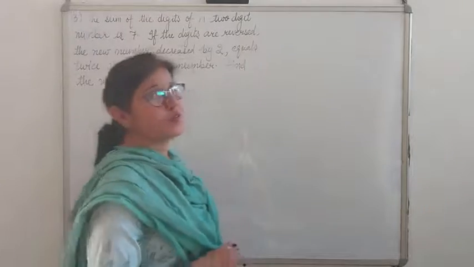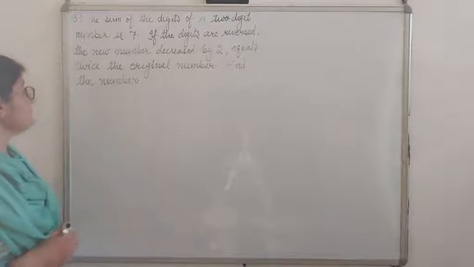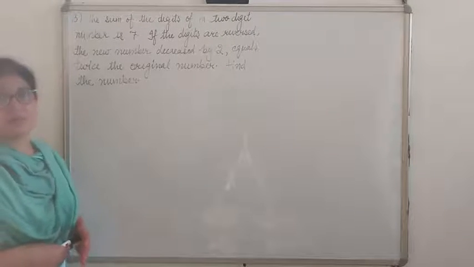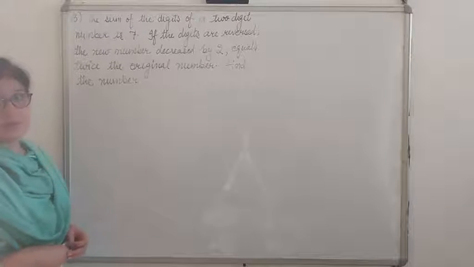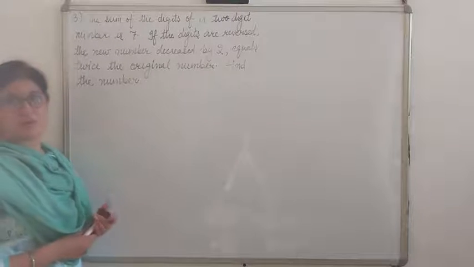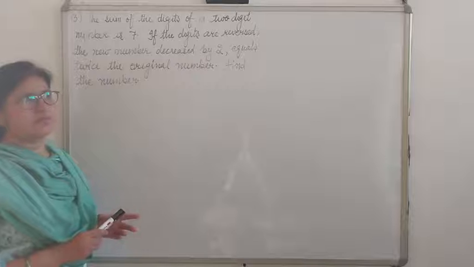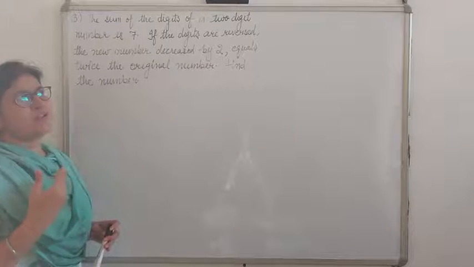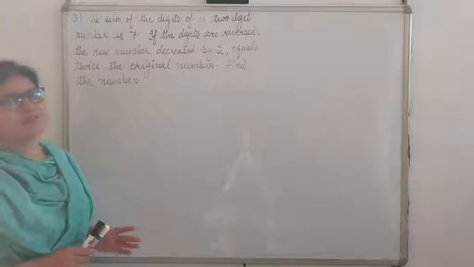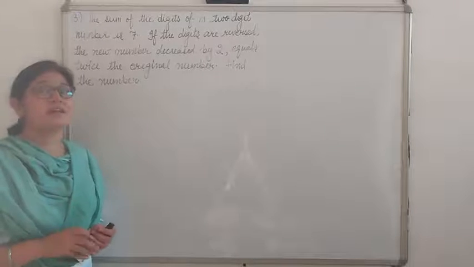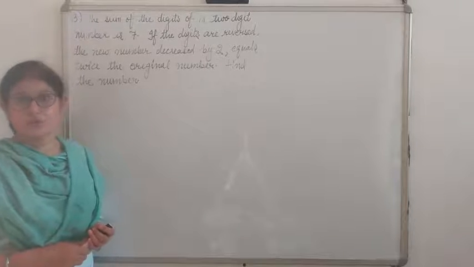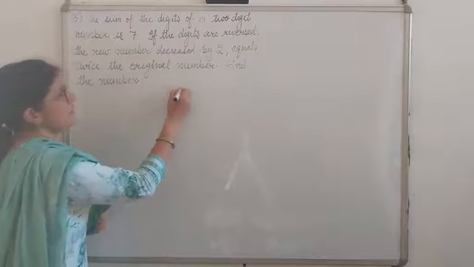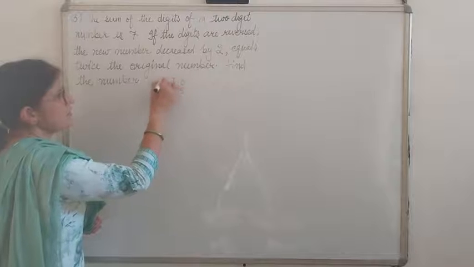Now we will do question number 13. The sum of the digits of a 2-digit number is 7. What do you mean by a 2-digit number? If you go a little behind, when you were in second or third or fourth standard, at that time ones, tens, hundreds like this, digits were taught to you. 200, 15, if something is written like this, then we write here ones, tens, hundreds.